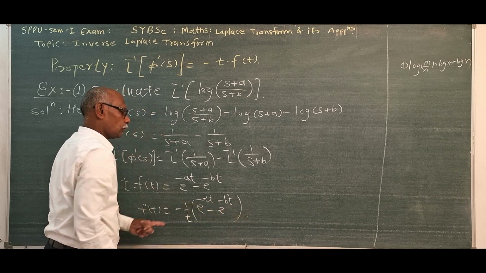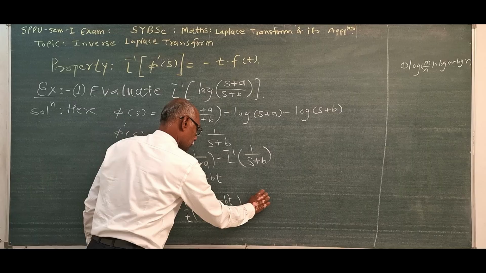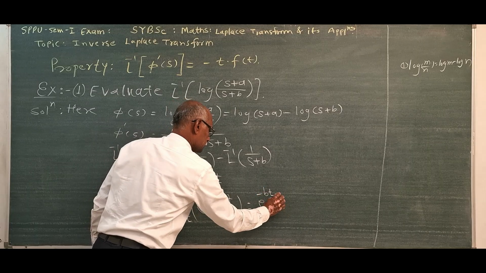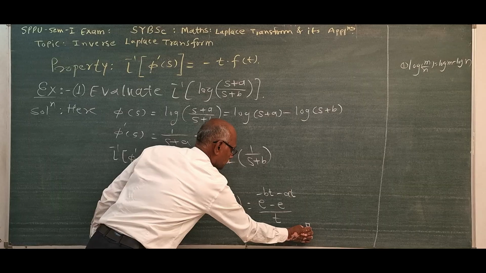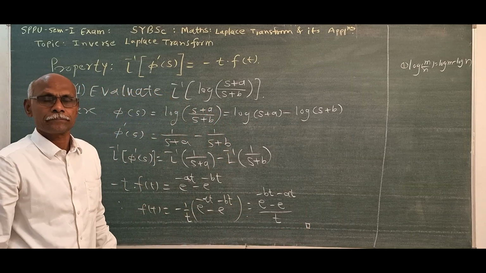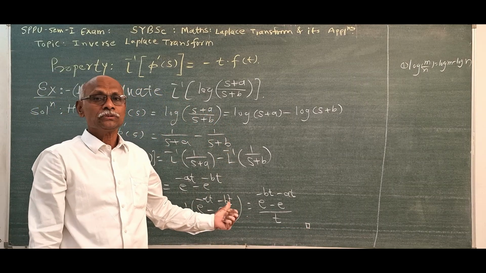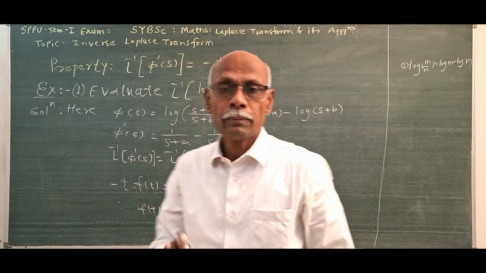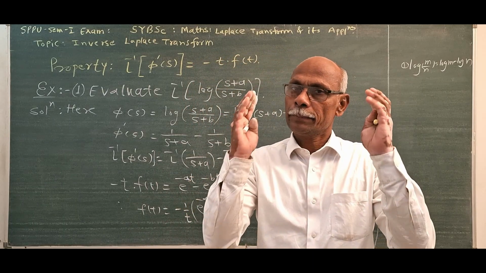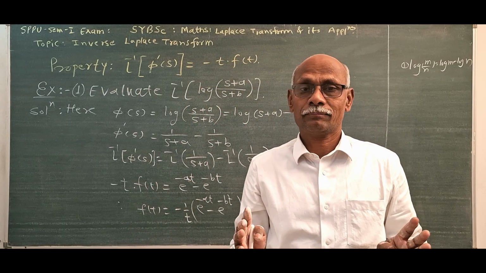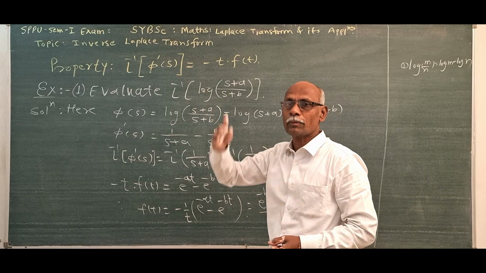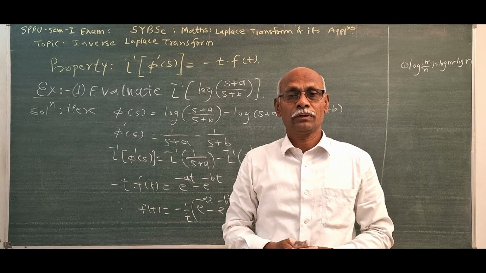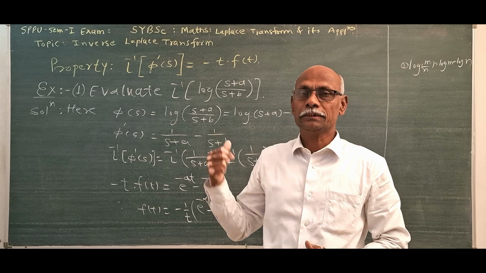Or we may write it like this: e raised to minus bt minus e raised to minus at, divided by t, that is the absorption of the negative sign. So this is the solution. So in this problem, if the inverse Laplace is asked and it is not in standard form, say log, there is no formula with log, and therefore we do it by this property.